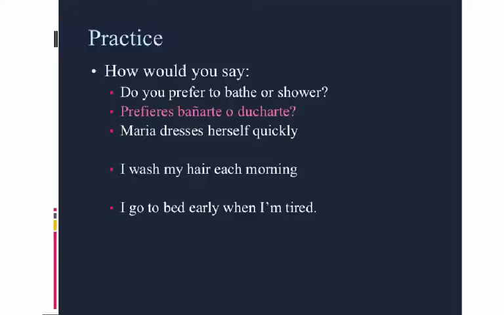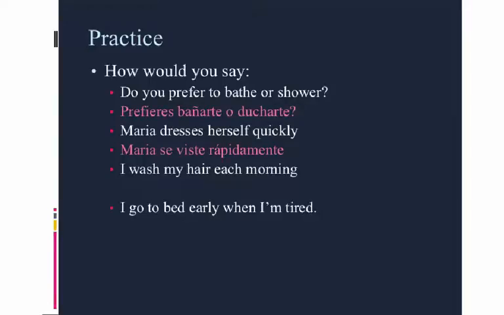Maria dresses herself quickly. So think about that for a minute. Obviously, your subject is Maria. And the answer is: Maria se viste rápidamente.